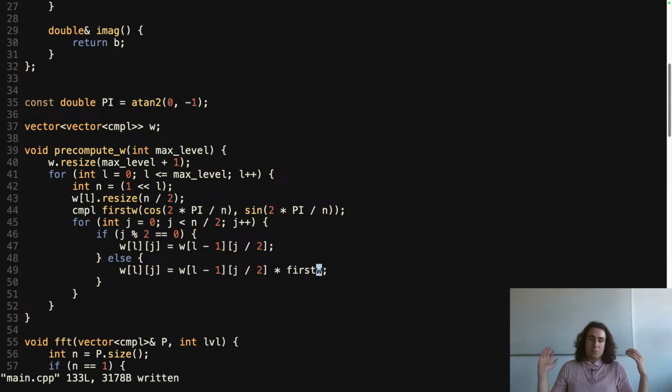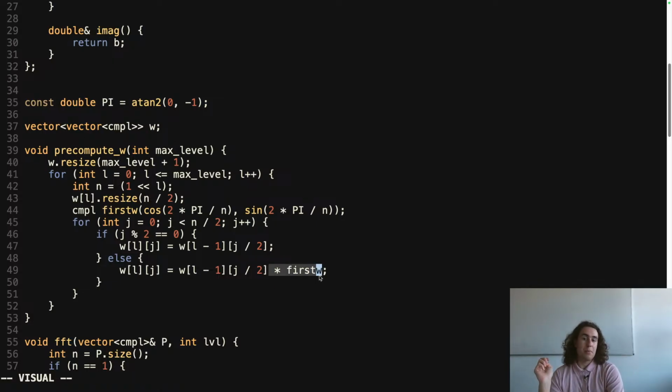Before I told you that multiplying by the first w is a bad idea, if you do it n times, that's going to be a very bad precision. But this is basically binary exponentiation if you think about it. We only multiply log times, right? Because we go to the previous level and then we multiply by something.